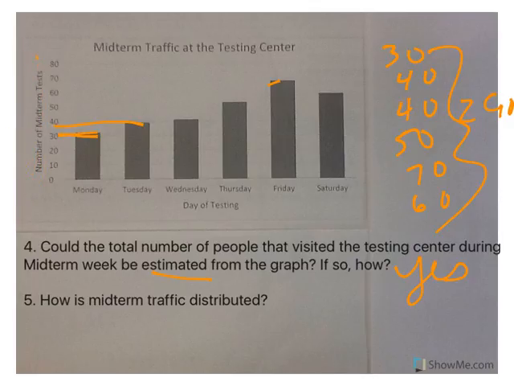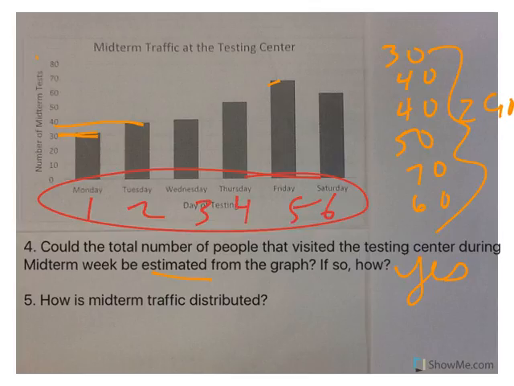Now, how is midterm traffic distributed? You can't necessarily say skewed left or skewed right, because again, we have categorical data. If we would assign these values, give each day a value, then you could do it. But the way they're written, Monday, Tuesday, Wednesday, Thursday, Friday, Saturday, you can't find the mean or the median of this data.